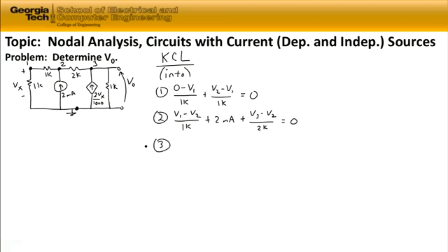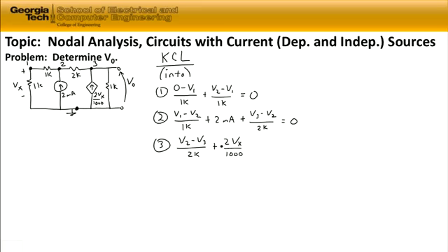Now looking at node 3. Node 3 again has three currents flowing into it. We have a current flowing through the 2 kilo ohm resistor from left to right. It's V2 minus V3 over 2K, plus the current flowing up through the dependent source, which is 2 V sub x divided by 1000.